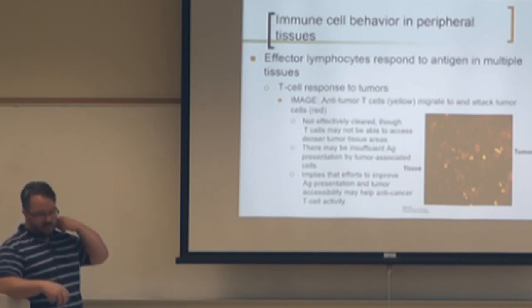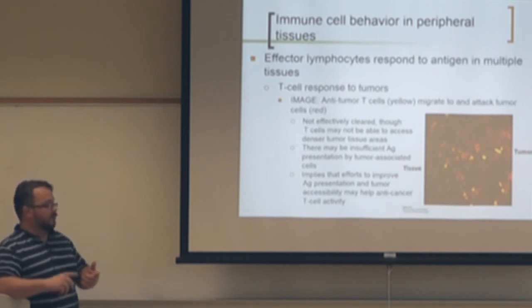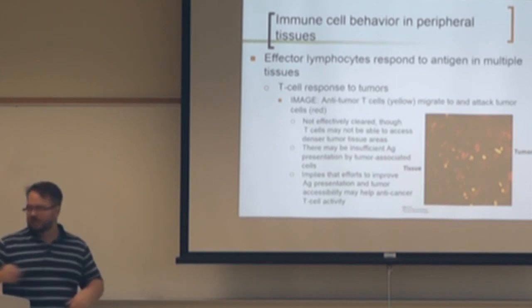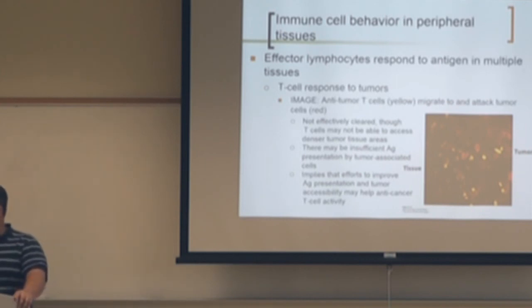And so a lot of researchers are looking at not just treating tumors with tumor-specific T cells, but also trying to make tumors express antigen better and making them more accessible for lymphocytes. So those are treatments people are looking at in conjunction with T cell therapies.